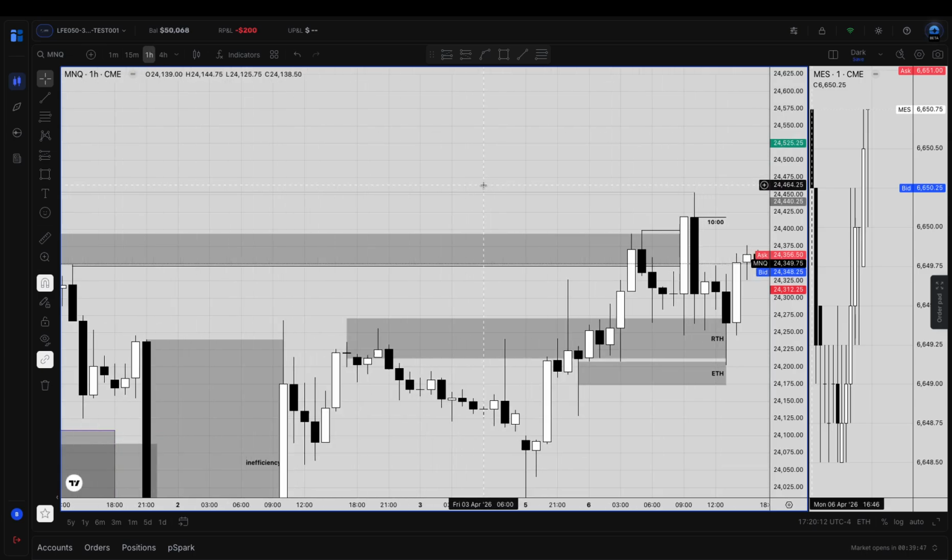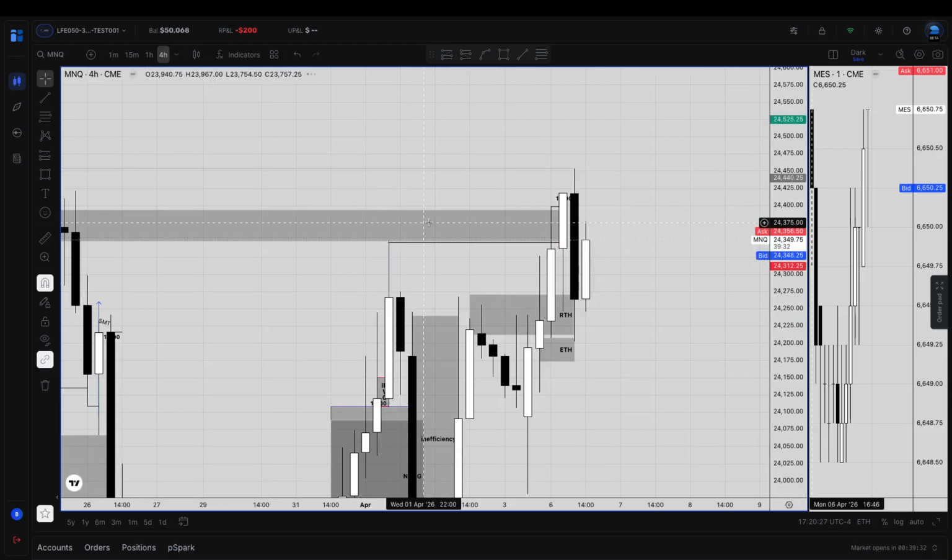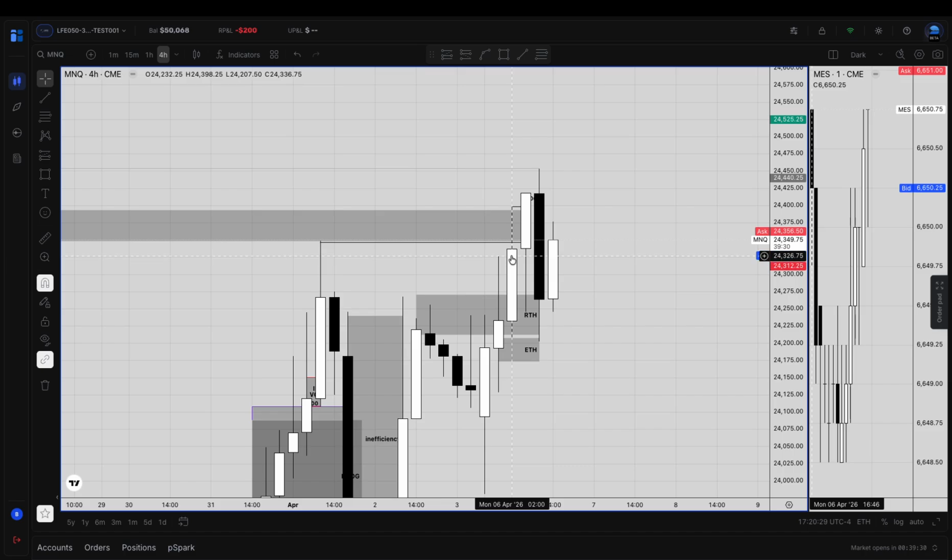And from the 1-hour chart, you can see when opening from here, we got an FVG right here. So refilling the FVG is very reasonable as well. And this 4-hour candle right here, we also got a little portion of FVG right here. So refilling it and getting downswings is very reasonable, right?